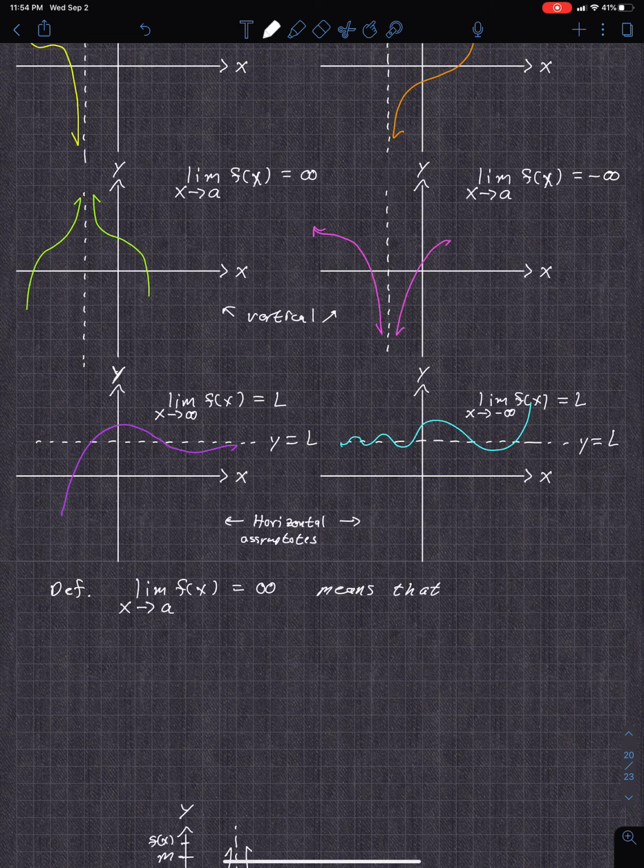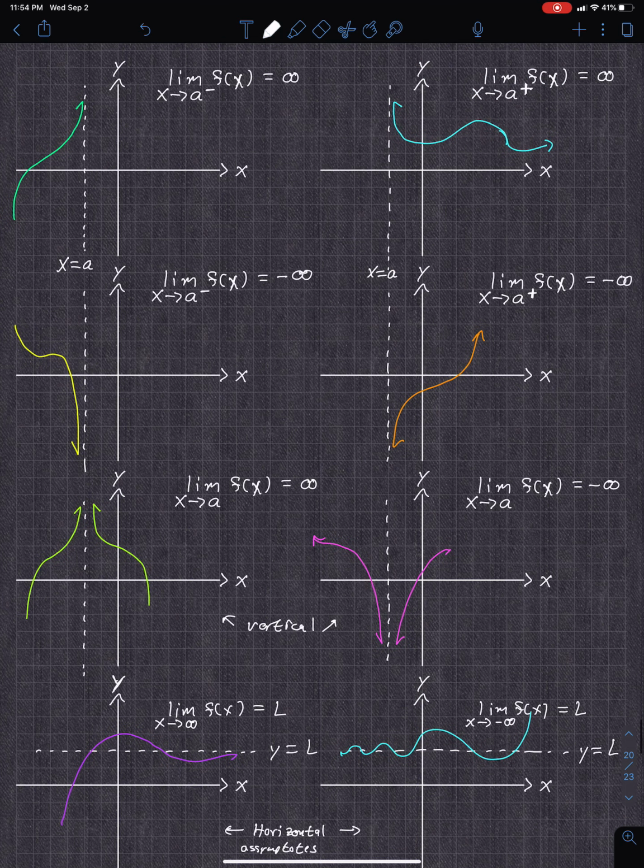Okay, so let's define both of these, both cases. We'll do the infinity one first, of all the ones above. We're not going to go through the left and right and all that. We'll just define basically negative and positive, and then that'll be it. Okay, so let's take a look at that.